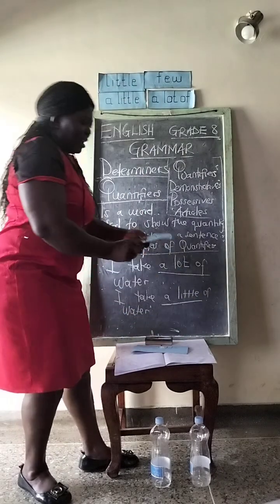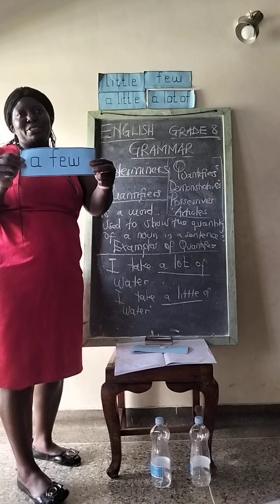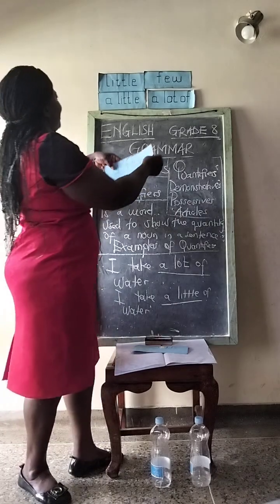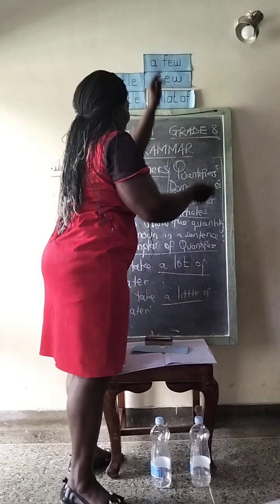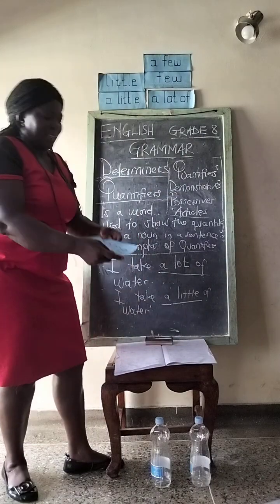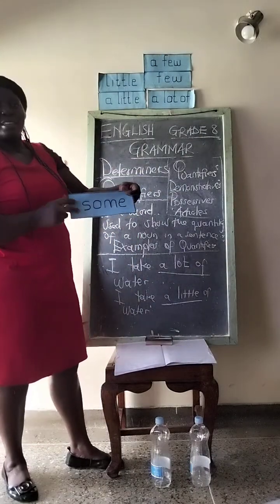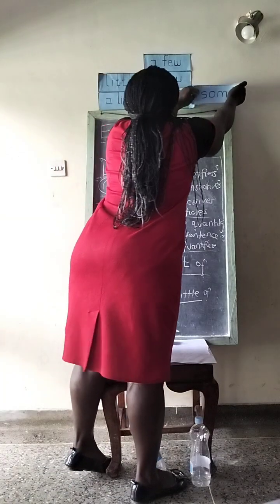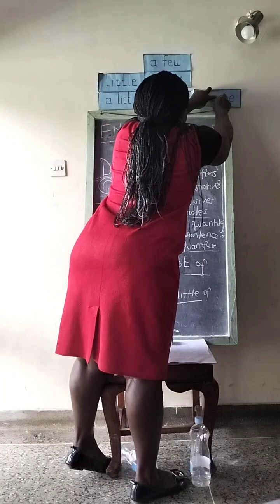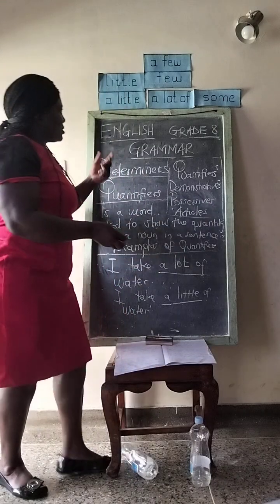And then I also have, you can also read, a few. And then lastly, I have, you can also read, some. So these are examples of quantifiers.